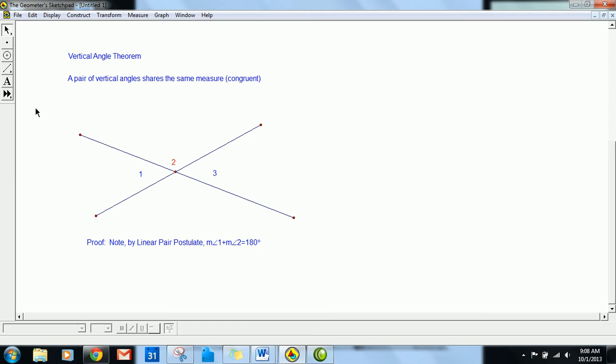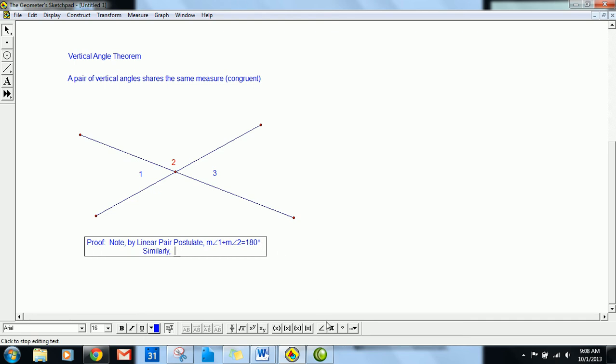So I'll say similarly, the measure of angle 2 plus the measure of angle 3 also is 180 degrees, by that same linear pair. 2 and 3 are linear pairs. They add up to be 180. And 1 and 2 are linear pairs. They add up to be 180.